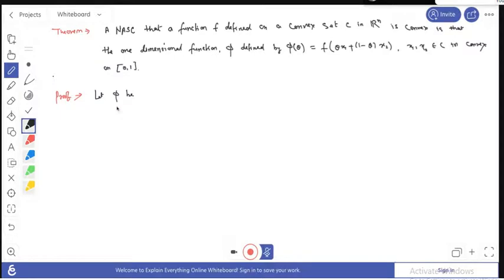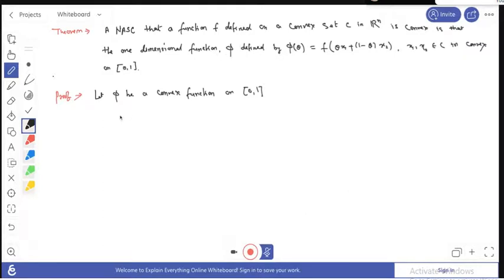So first of all, we take this phi to be a convex function on this closed interval. Of course, this 0, 1 will also be a convex set. Okay. So this phi is convex function, and we have to prove that this f is convex. And the other part, if f is convex, then we have to prove that this phi is convex.